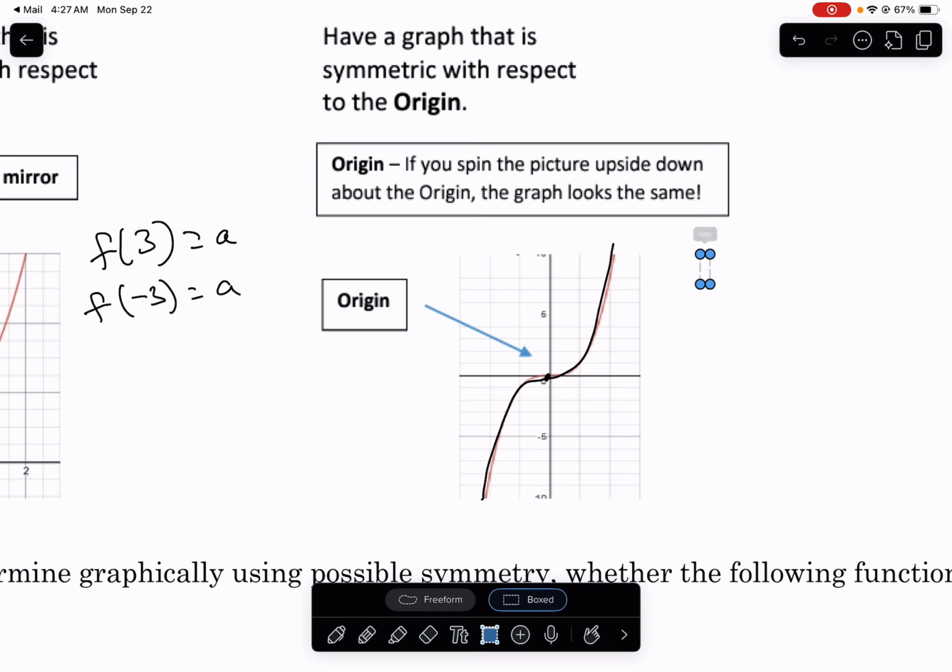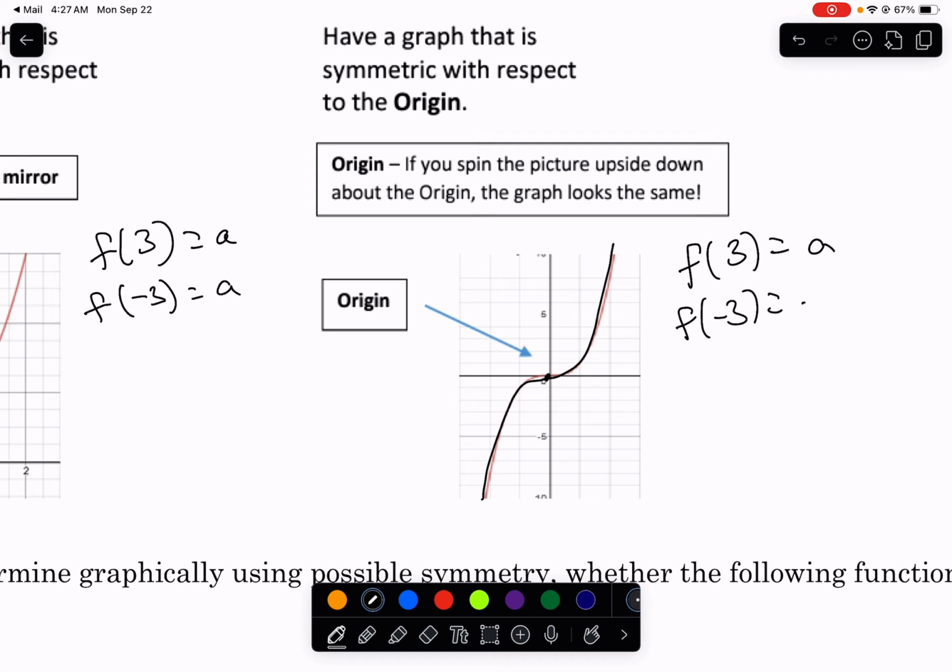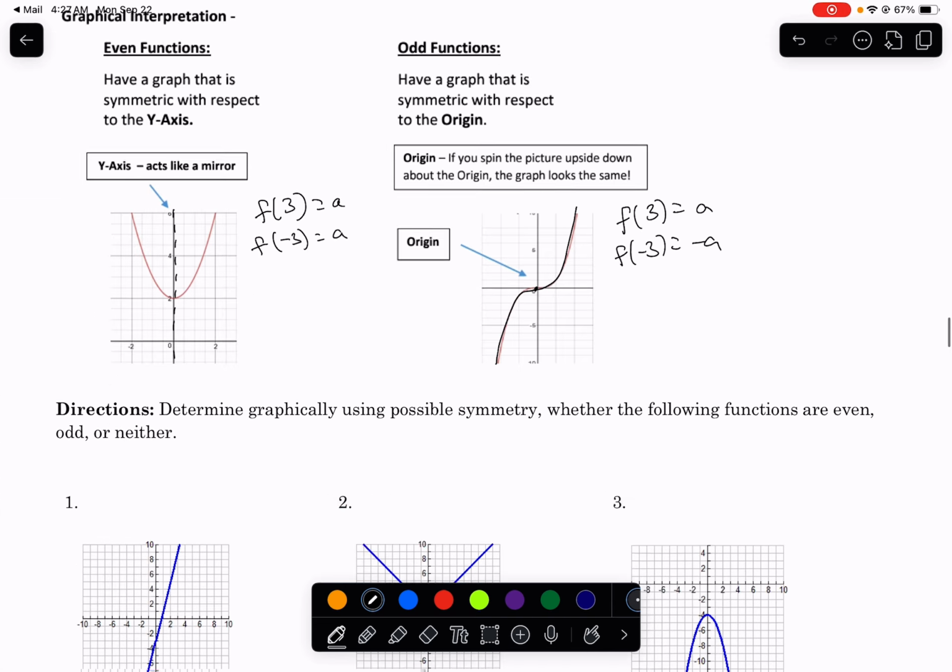And let's say if we put in a +3 and we get out a value, when we put in a -3, we're going to get out the opposite value. So basically, with even, when you plug in a negative value, you're going to get the exact same thing. With an odd function, if you plug in a negative value, you're going to get the opposite, okay?